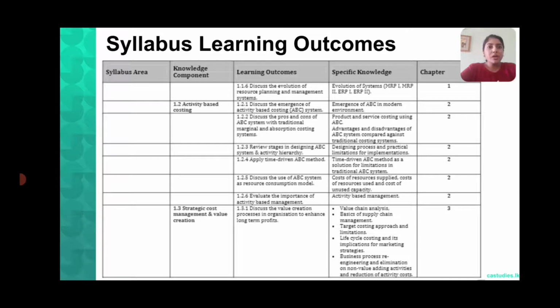So they require you to know the advantages and disadvantages of this method when compared to old costing methods such as absorption costing, marginal costing. Then you have the application of the ABC method and the use of it in a resource consumption model, and then the importance of activity-based management.